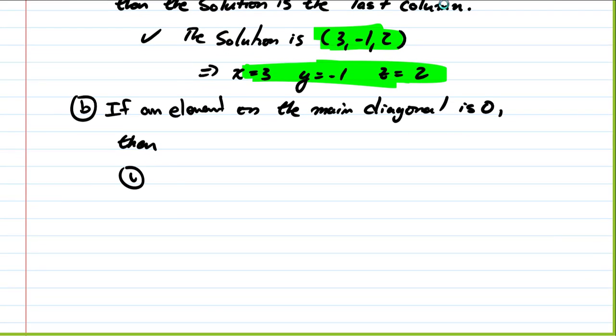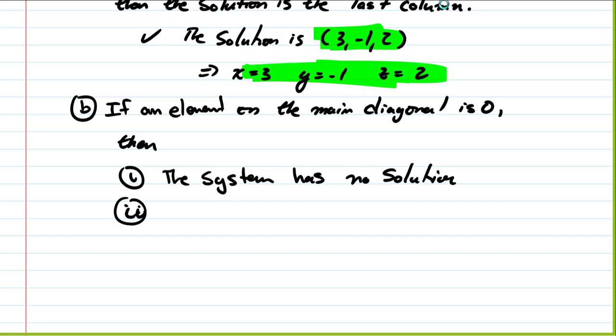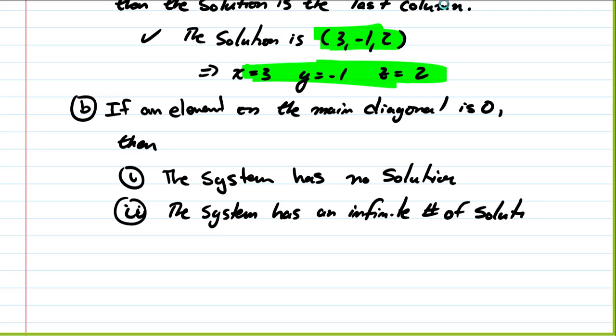So one, the system has no solution, or the other possibility is the system has an infinite number of solutions. So we'll do some examples to illustrate those two cases.